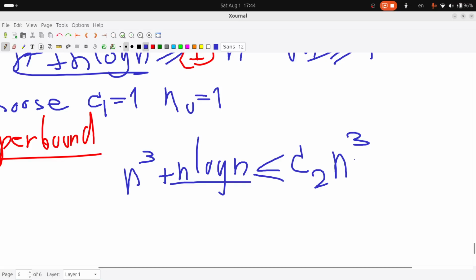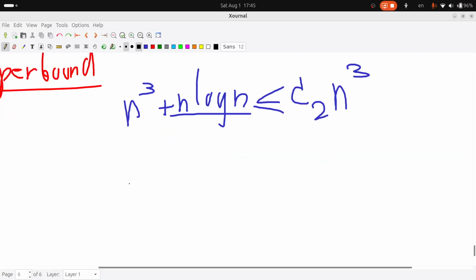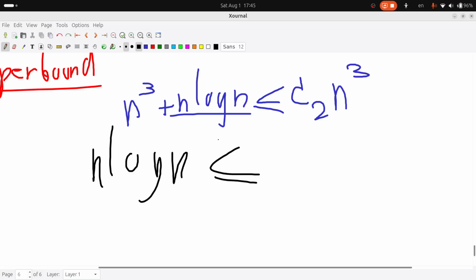But what I can do, I think the easiest thing we can do, is try to transform this n log n into n to the power of 3. Because we know that n to the power of 3 asymptotically grows larger than n log n. What about we write this equation as n log n is less than or equal to 10 n to the power of 3.